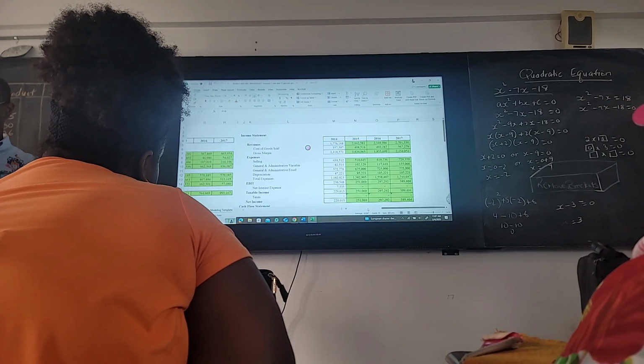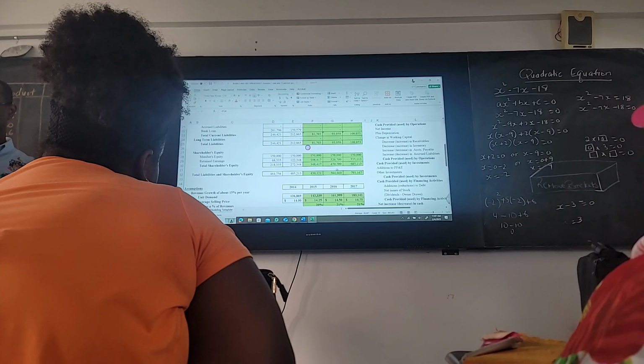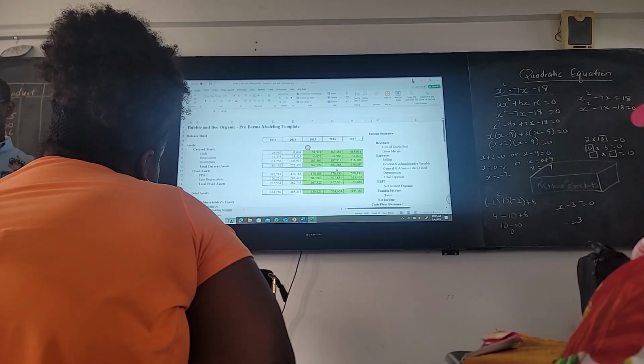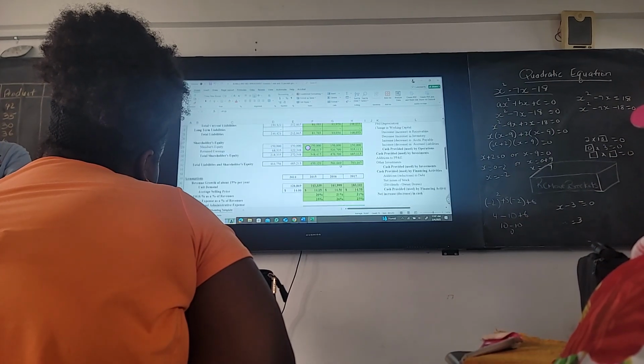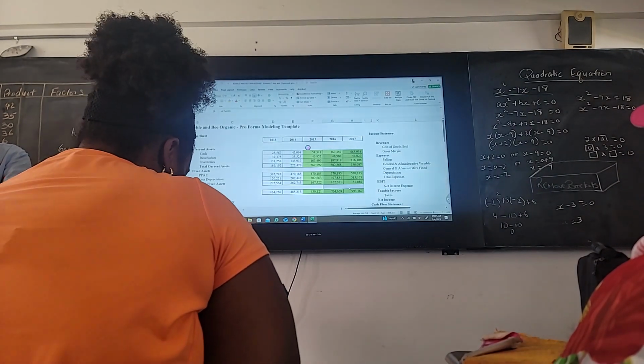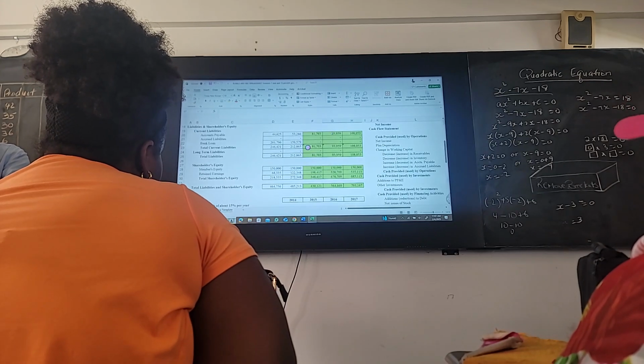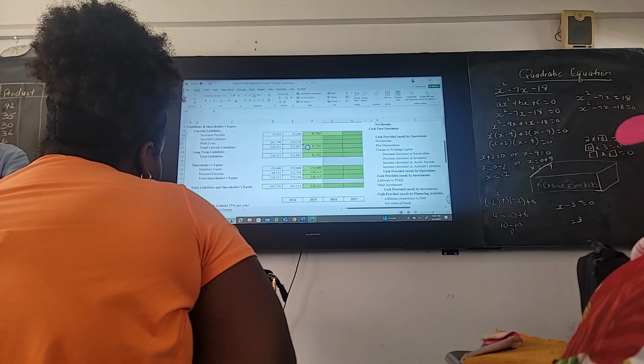Let's see, does the balance sheet balance? Oh, it's not. So maybe let's not be so ambitious and do it one year at a time. We might be able to pick up where we are off.